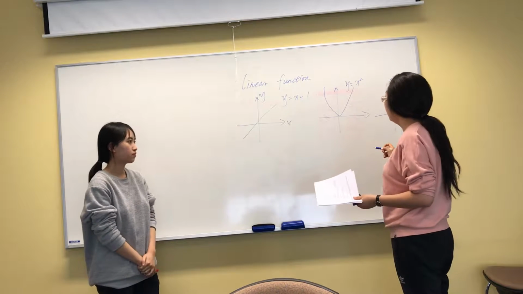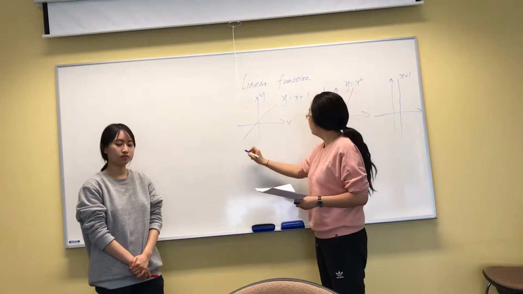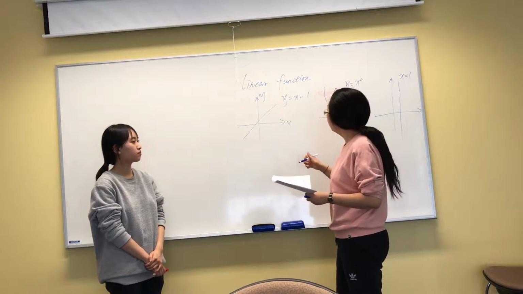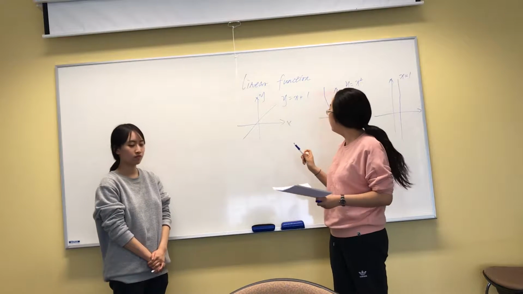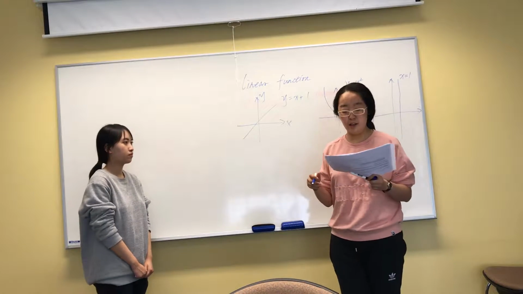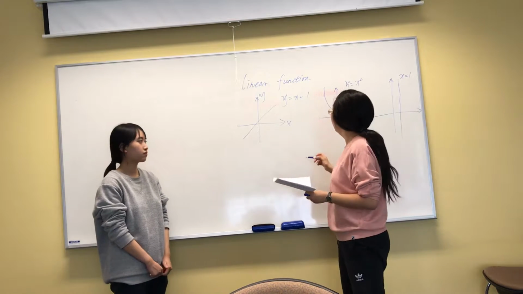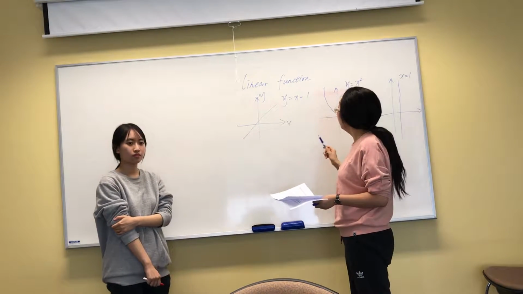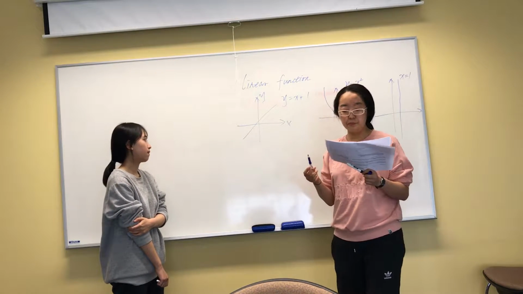But today we will only be looking at linear functions. So let's just use this function as an example. If I ask you to find the y-intercept and the x-intercept, would you please discuss with your pair which two points you think are the x and y-intercepts of this linear function?